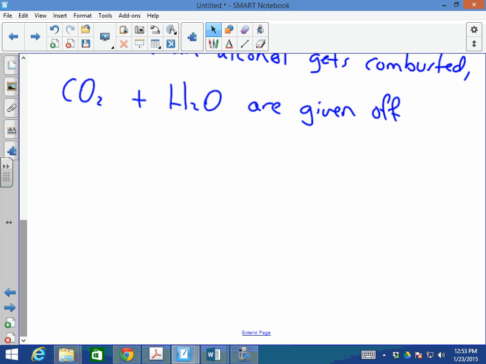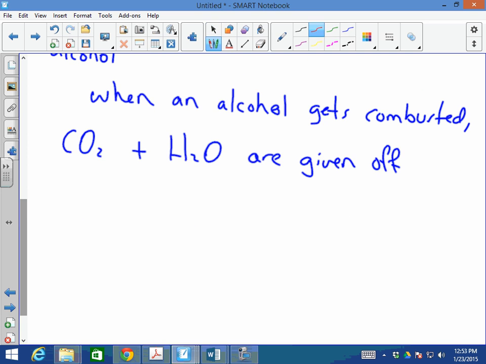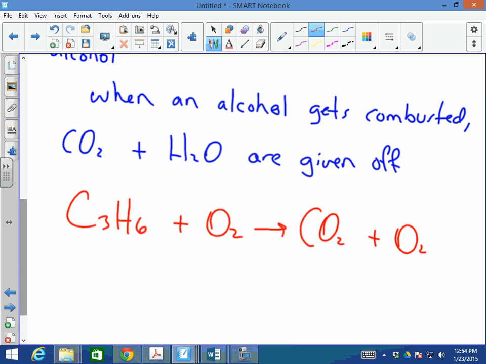Let's try another one just to make sure we follow that ruling. Let's continue with C3H6 plus O2. That will give you the same result, CO2 plus H2O. Go ahead, balance the equation, and you should be okay.